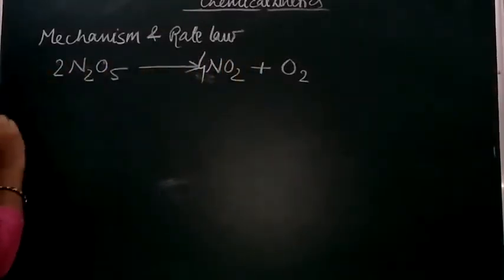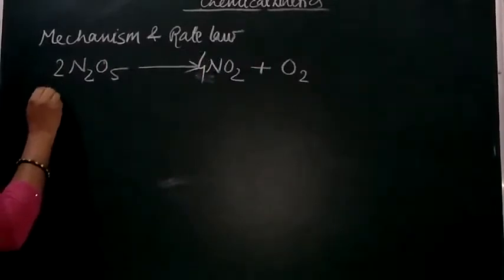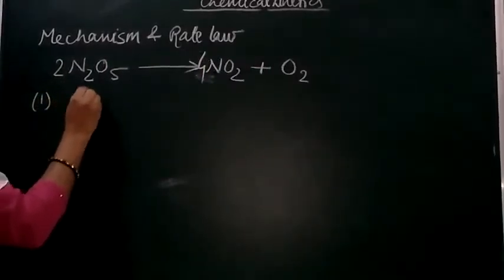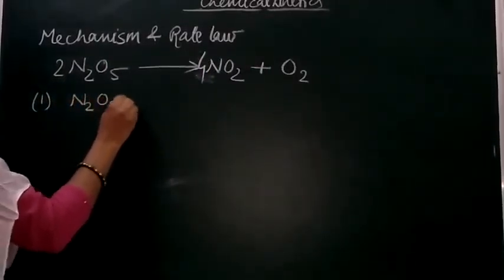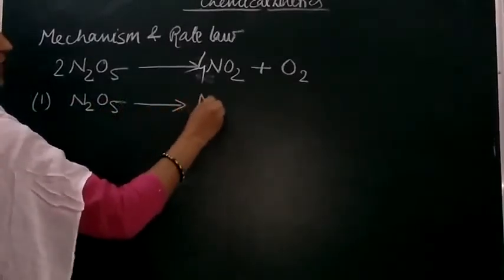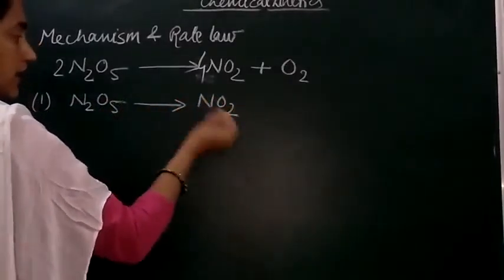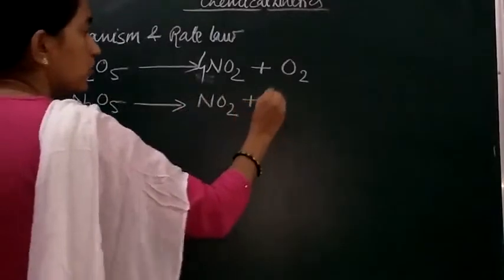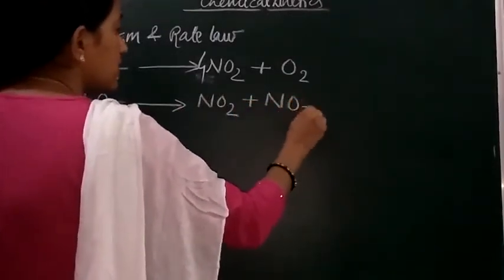Now if we take this reaction, the steps involved are: first step, nitrogen pentoxide decomposes to give NO2 plus NO3.